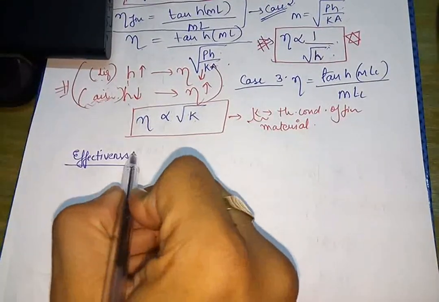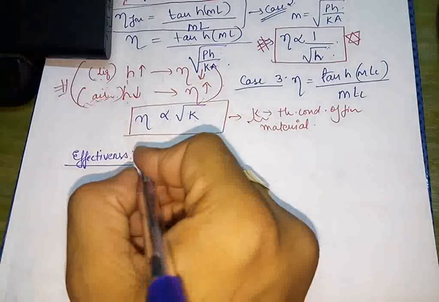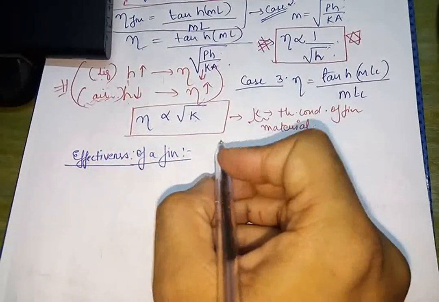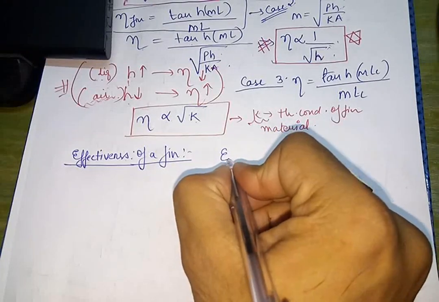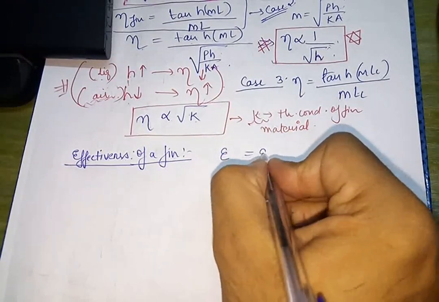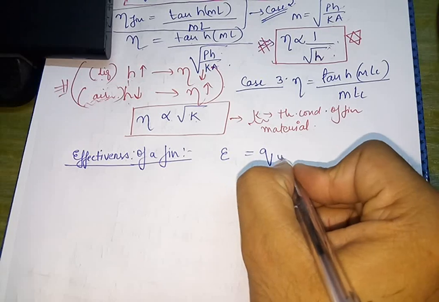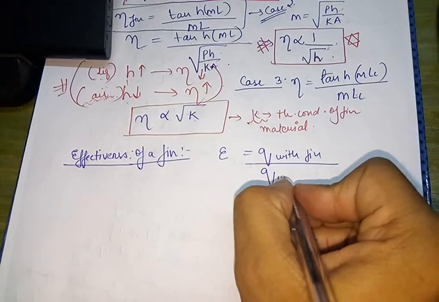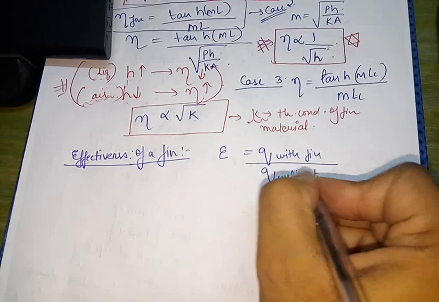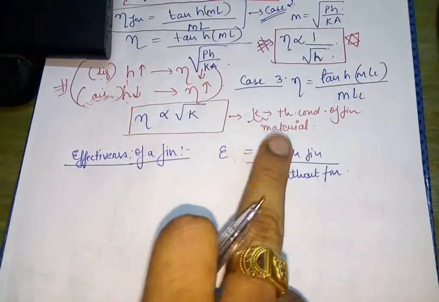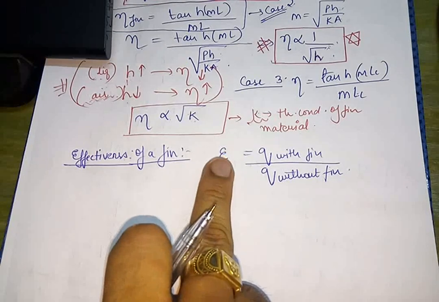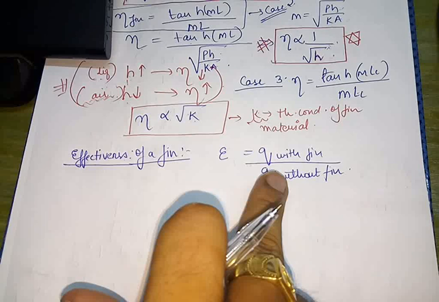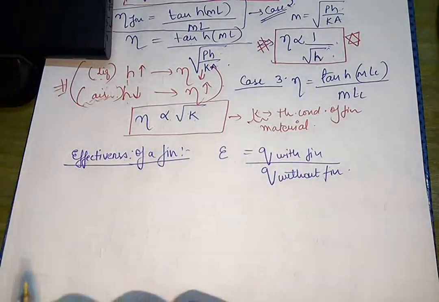The next topic that we are going to study is effectiveness of a fin. The effectiveness is represented by the symbol epsilon, and it is equal to Q, that is the heat transfer with the fin, upon heat transfer without the fin. Actually, the effectiveness of the fin simply represents how effective is the use of fin when we are having this heat transfer.